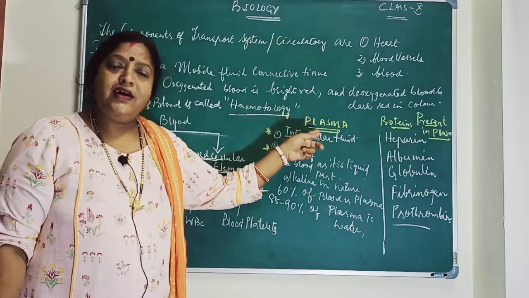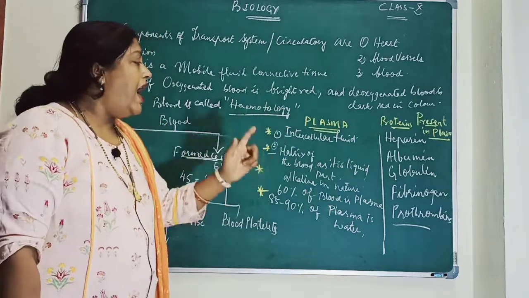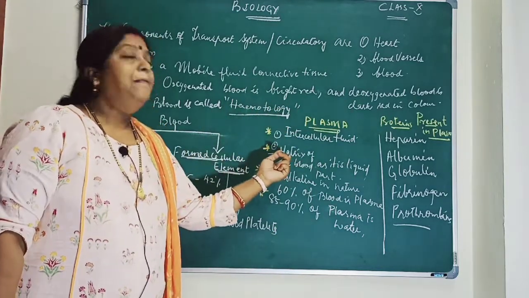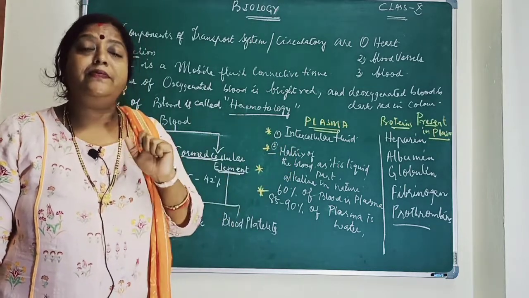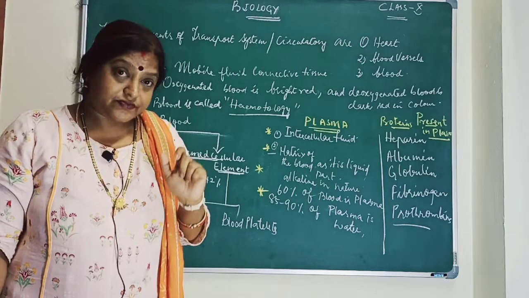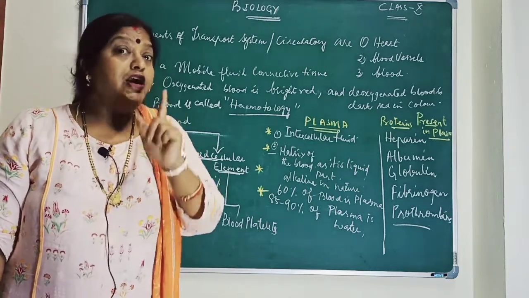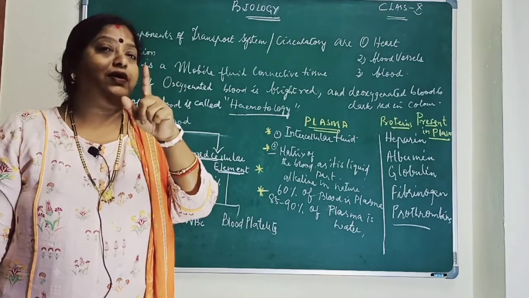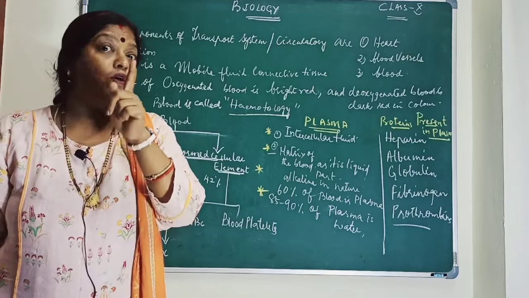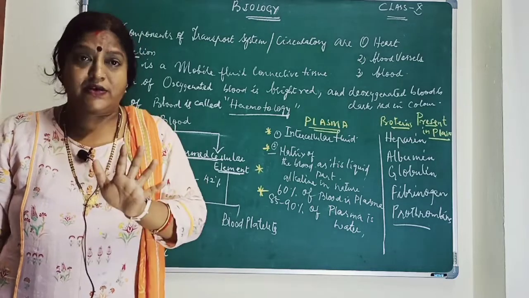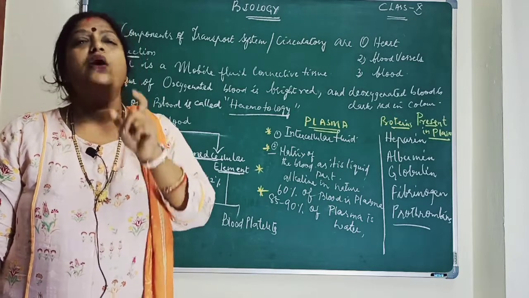Now we will be learning about plasma. Plasma is an intercellular fluid. It is the liquid part of the blood and therefore it is called the matrix of the blood. It is alkaline in nature. 60% of the blood is plasma, children, and 85 to 90% of the plasma is water.